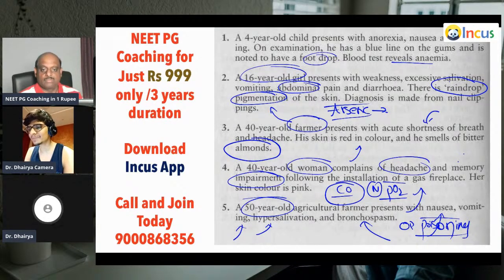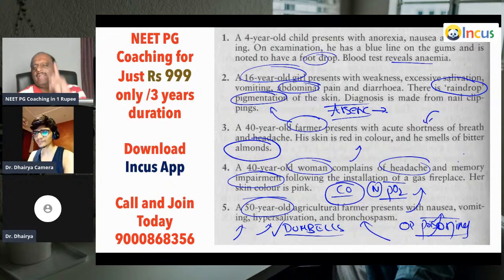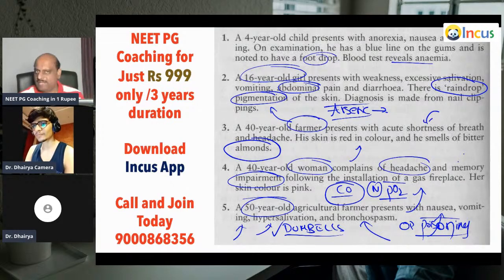Remember the mnemonic DUMBBELS, that is diarrhea, urination, miosis, bradycardia, bronchospasm, bronchorrhea, emesis, lacrimation, salivation. This is very characteristic of OP poisoning. Treatment is using your atropine and your pralidoxime.